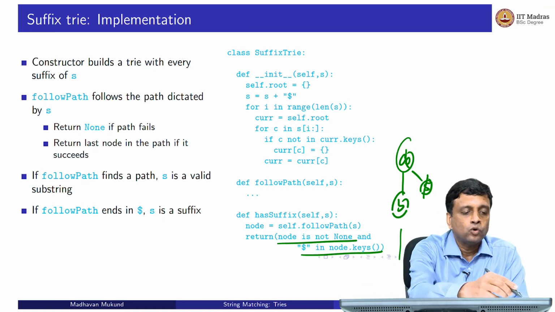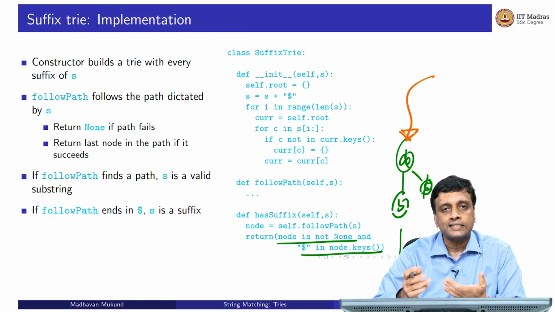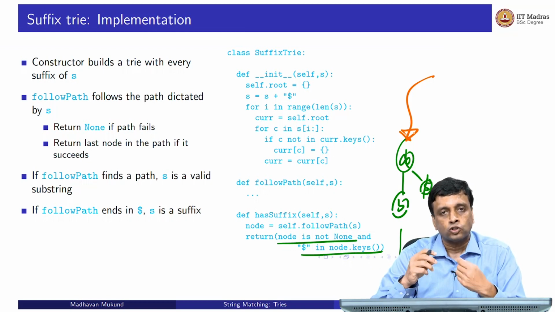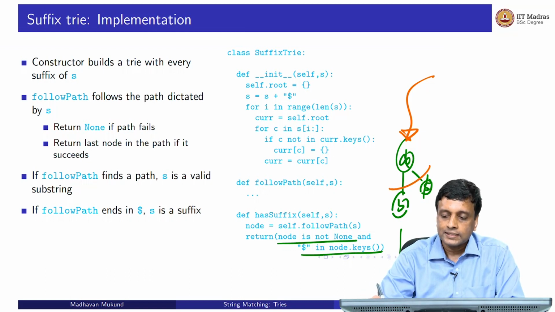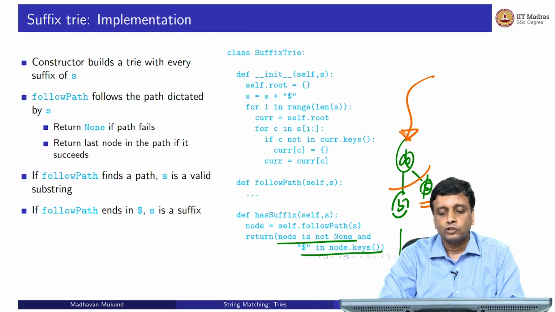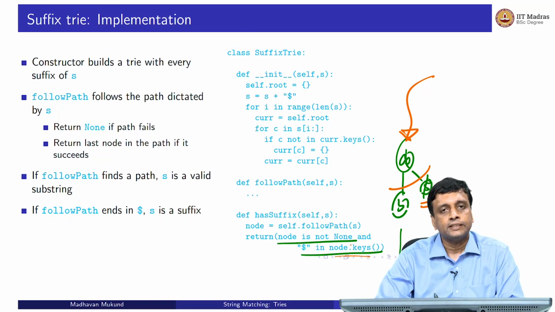So we do have nodes like this where I could stop here, and it could be that it has a valid extension as a longer suffix, but it also stops here as a terminating suffix. So I just want that among my successors I have dollar. So it just says that among the keys that I see at the node where I stopped, one of the keys is dollar. So this is a very simple implementation of suffix tries.